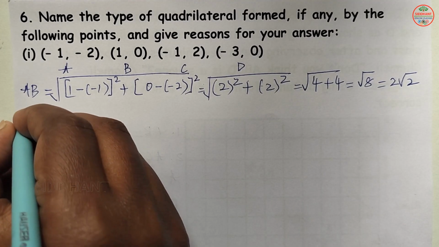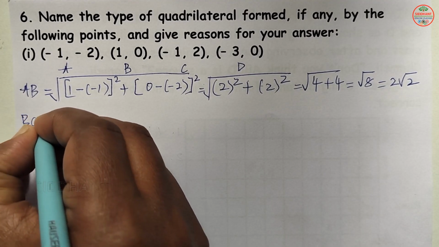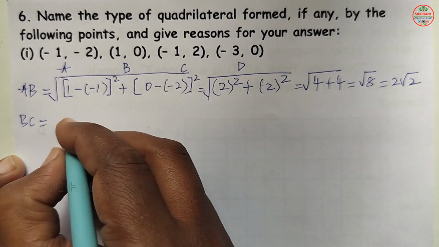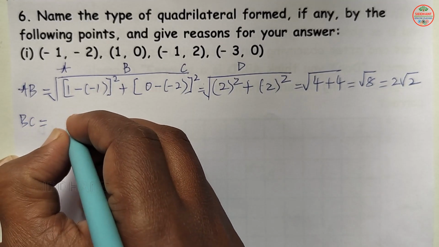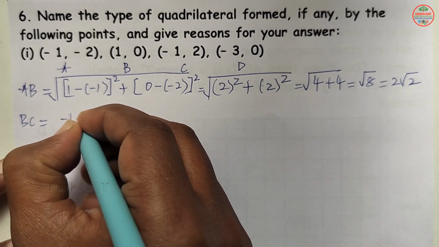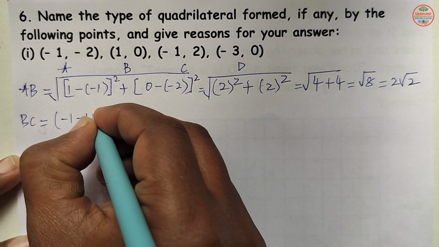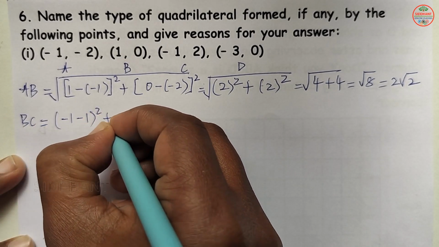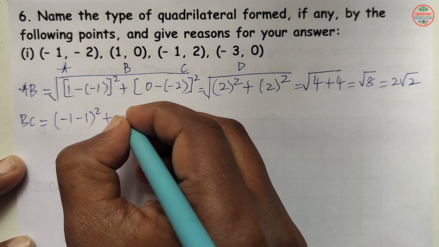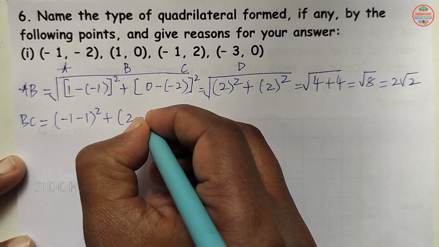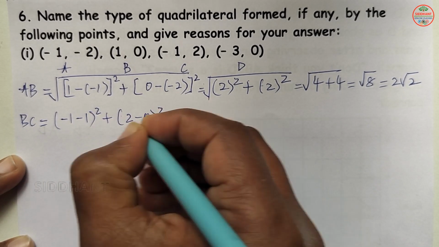Next we are going to see BC. BC: x2 minus x1, which will be minus 1 minus 1, whole square, plus 2 minus 0, whole square.